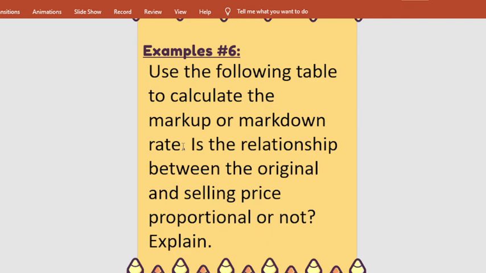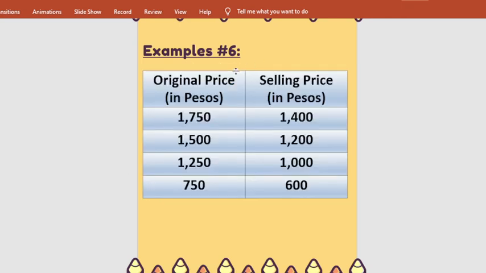The question is: is the relationship between the original and selling price proportional or not? Then we have to explain. Here we have the table. This is the original price in pesos and the other side is the selling price in pesos. Under the original price, the amount is 1,750 and the selling price is 1,400.